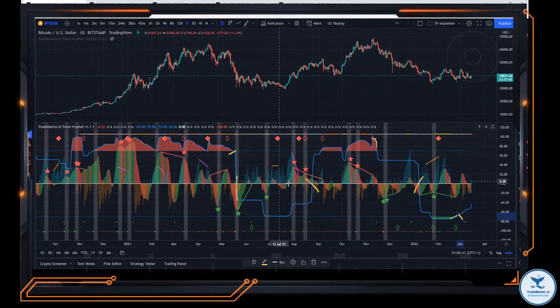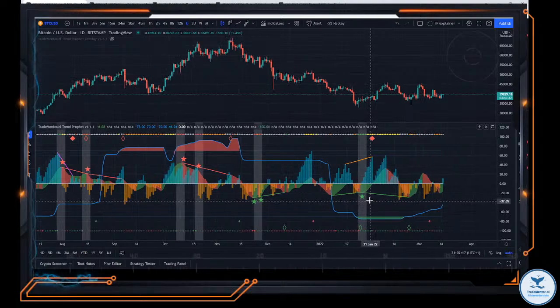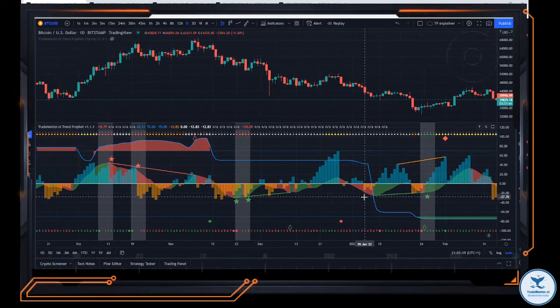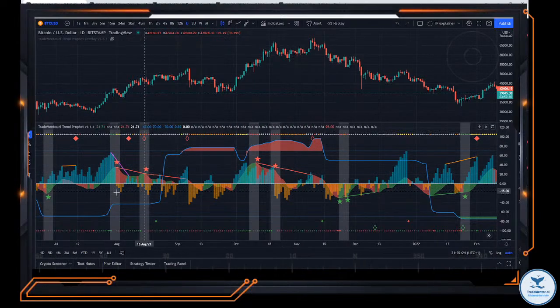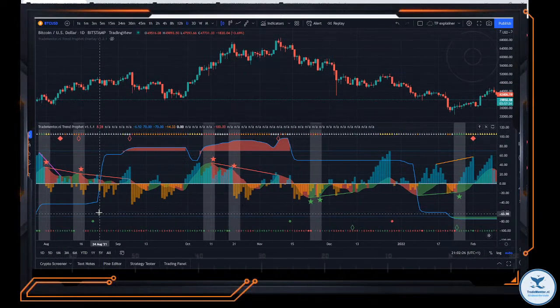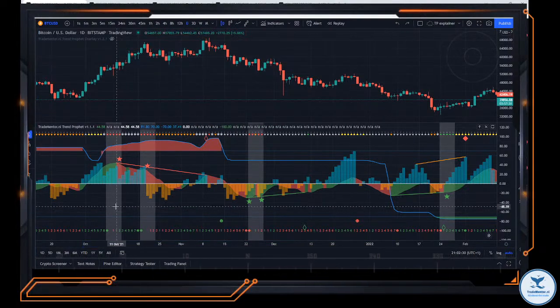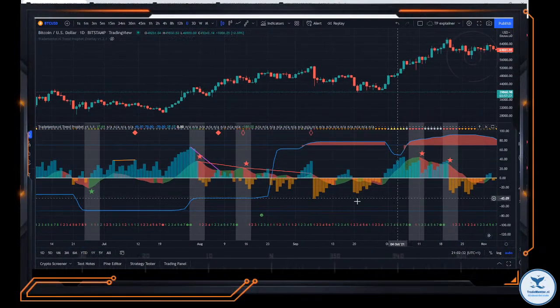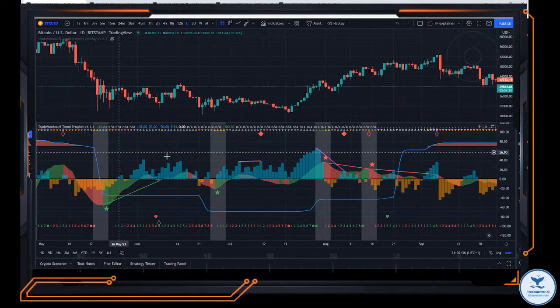Now, you might have noticed the stars. Let me just clean it up a bit. These stars that you see happening in the TD sequential reverse zones, those are when there's a trend flip, that's how I like to call it. Let's get a nice example.